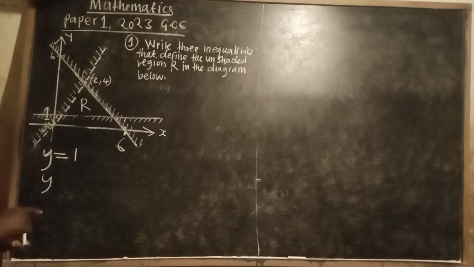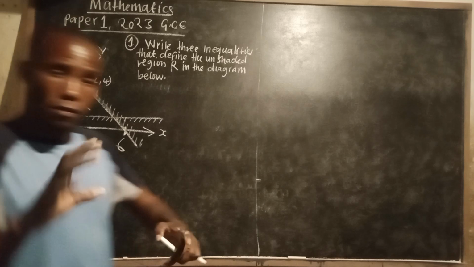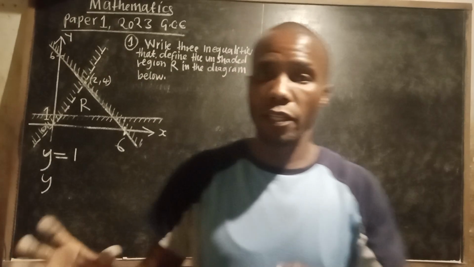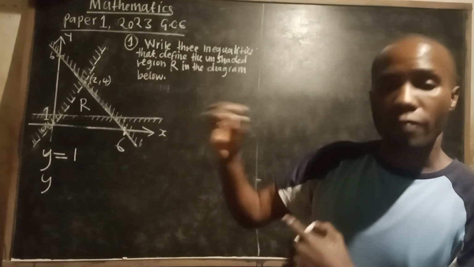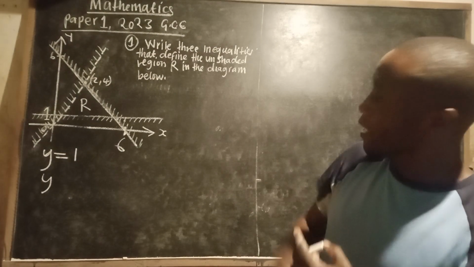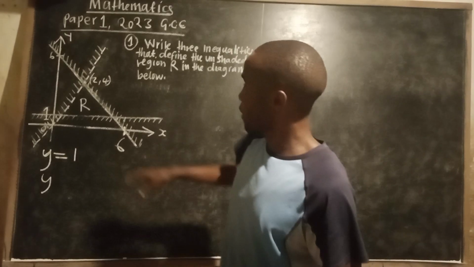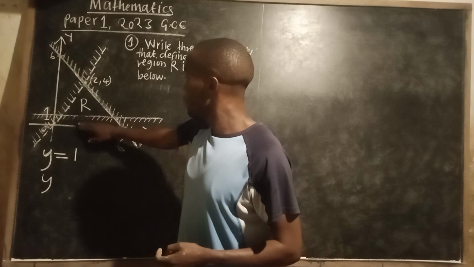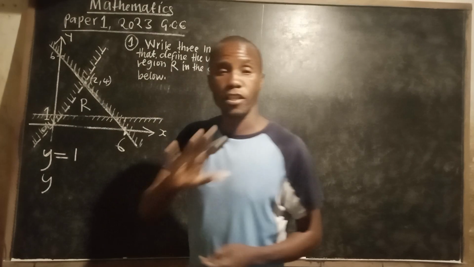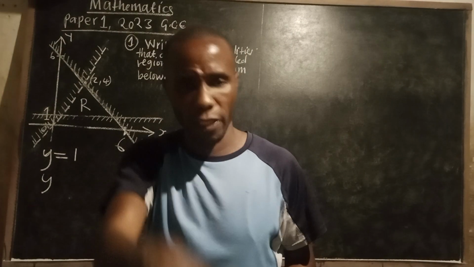Okay, so now when writing the inequality, we write the inequality which will actually satisfy the condition that we have, because the feasible region is there. So for this one which was shaded, that was the unwanted region.